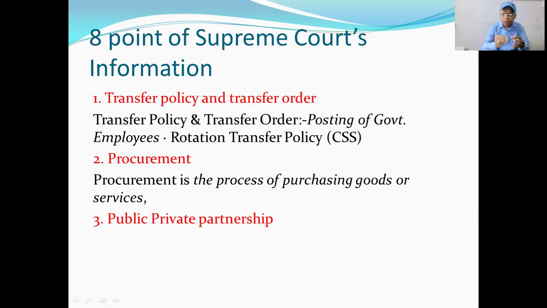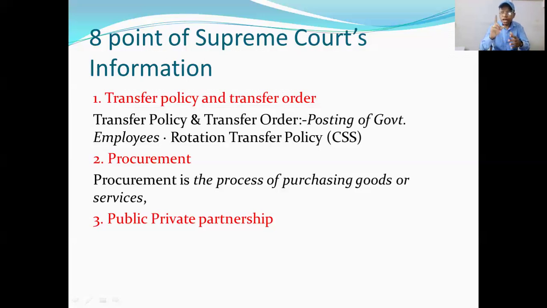When one employee is transferred, it is based on a circular or the order copy or notice of the office. So we have to give what the order copy, the notice, the guideline or the instruction is for the transfer of A from B to C. Likewise, we have to give the transfer policy and transfer order.